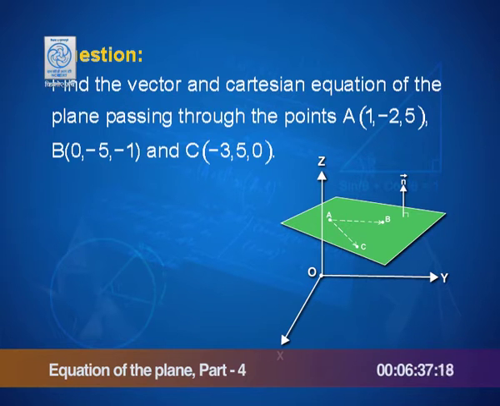Now, if we try to make a picture as shown here, things will become easier to follow. If you take 3 points on the plane, say as marked here A, B and C, then we know, by the definition and characteristic of the plane, that the vector AB and the vector AC will completely lie on this plane.